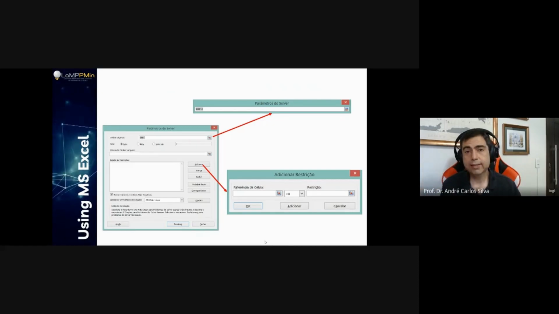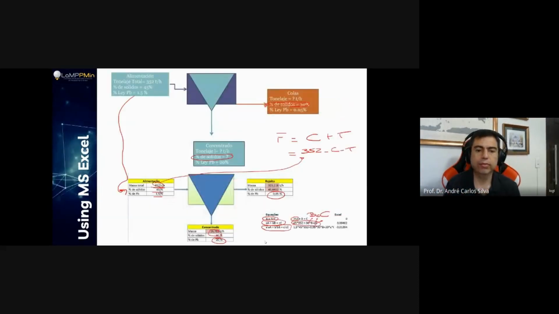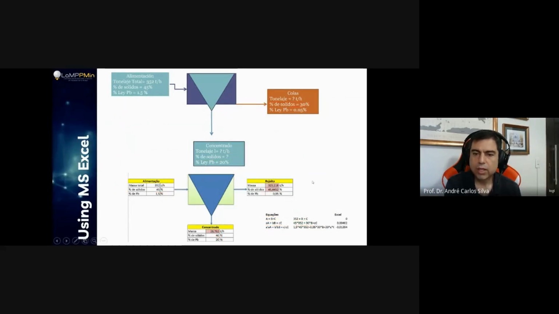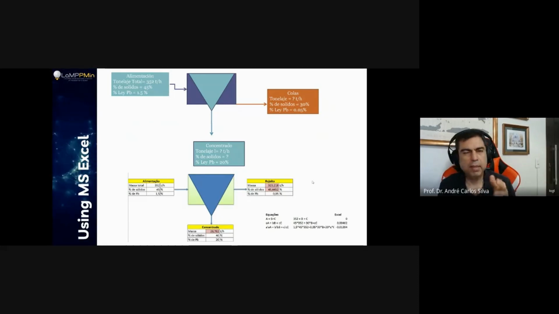Last but not least, I have to tell Excel which cells it can change values in. So coming back to this figure over here, let me just clean this screen. Those cells that are represented in pink or reddish are the cells that I allowed Excel to swap values, to change values.